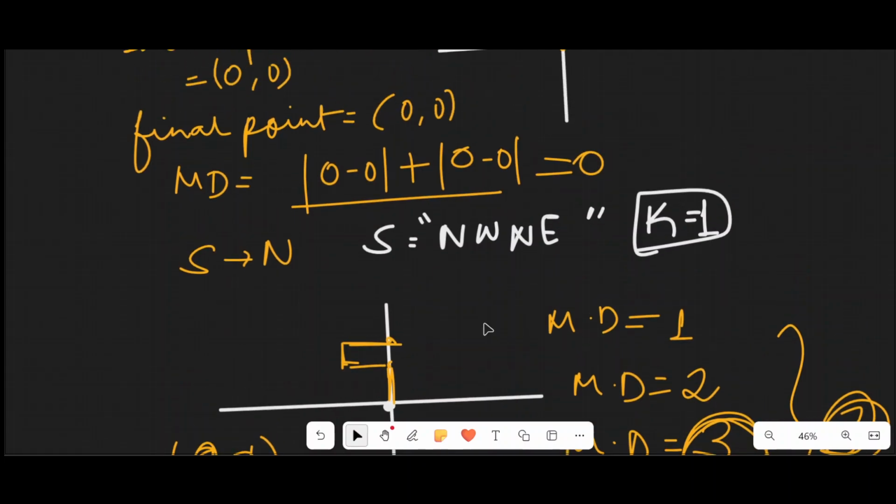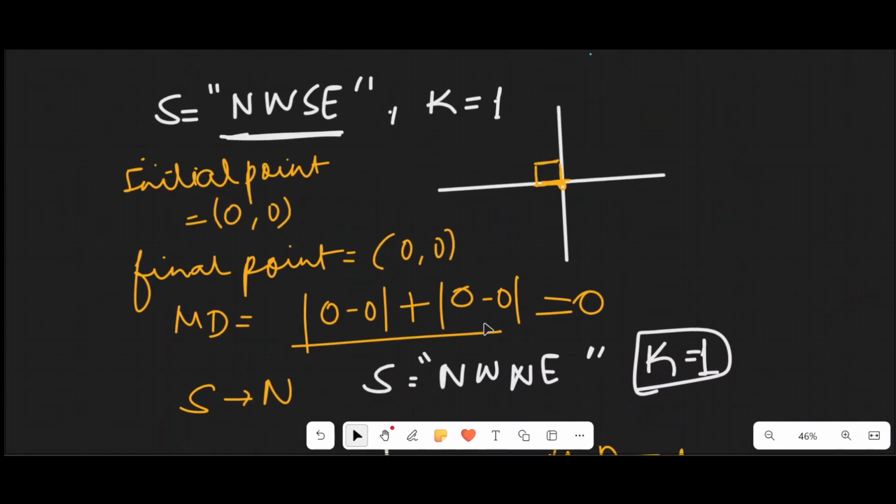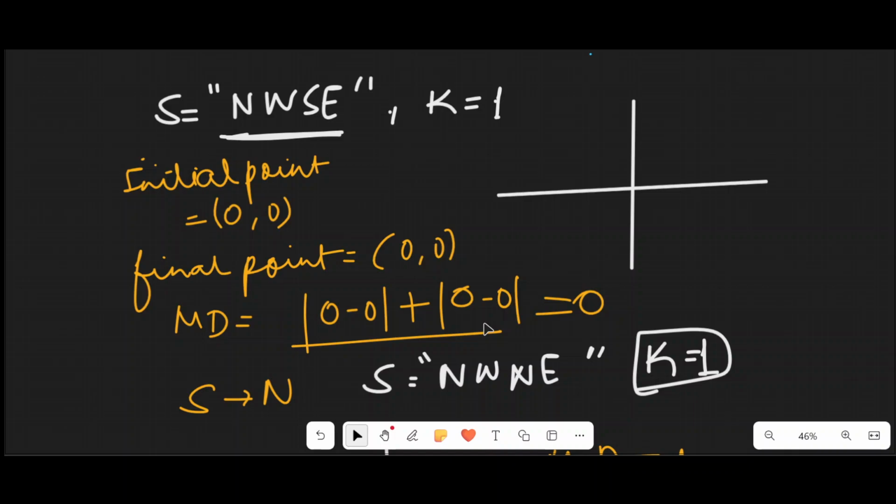And in the earlier case, I actually just forgot to calculate it at every point. So here also, if you try to find out your Manhattan distance in this case, first it's proceeding north by 1 unit, right?